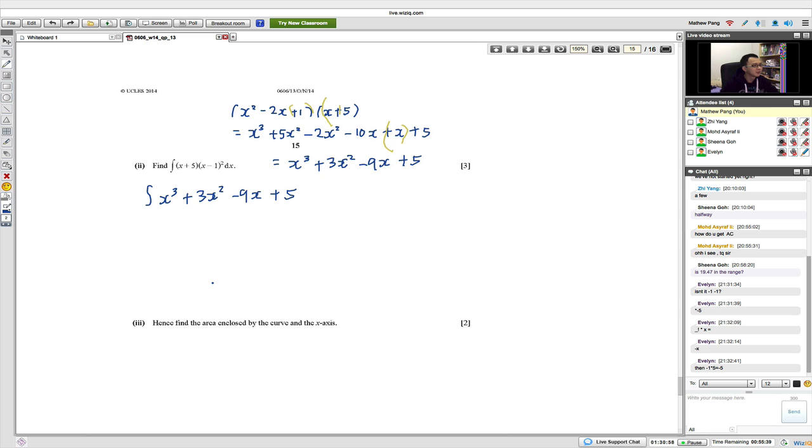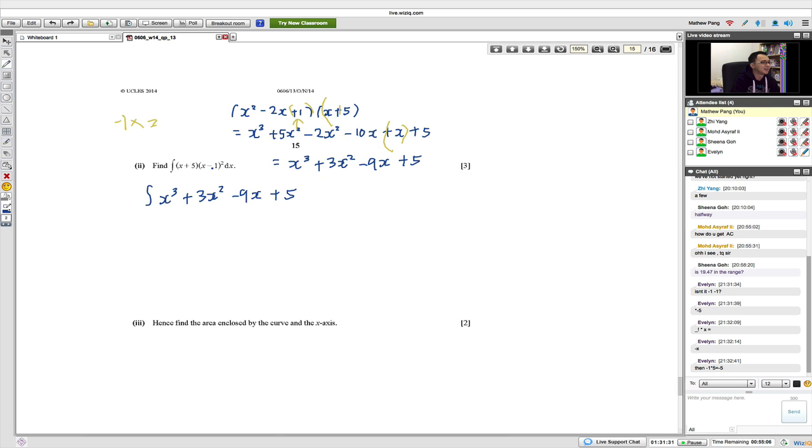One multiple x is just x. And then 1 multiple 5 is just 5. What's wrong with that? Did I do anything wrong? This is negative 1. No, this is not negative 1. This one is the expansion of this one, isn't it?